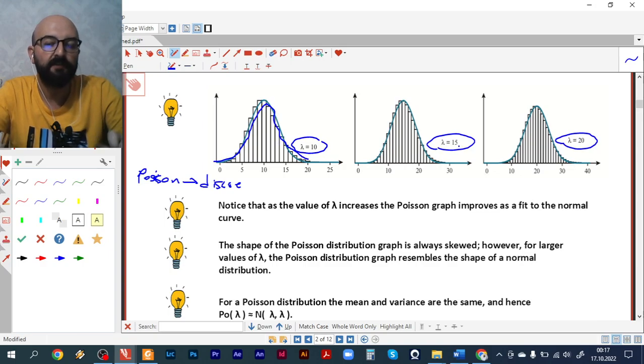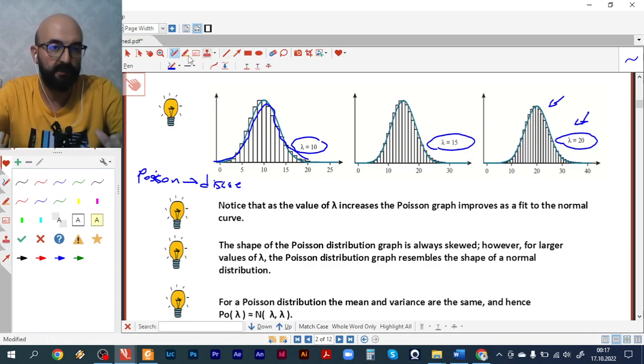When your lambda value is 15, your curve looks like this. And when your lambda value is 20, your curve tends to the normal distribution curve, a very symmetrical curve.